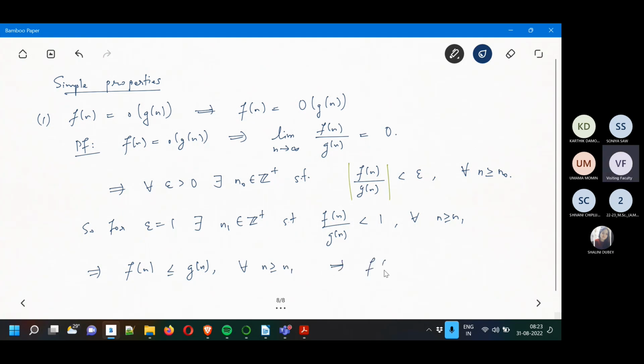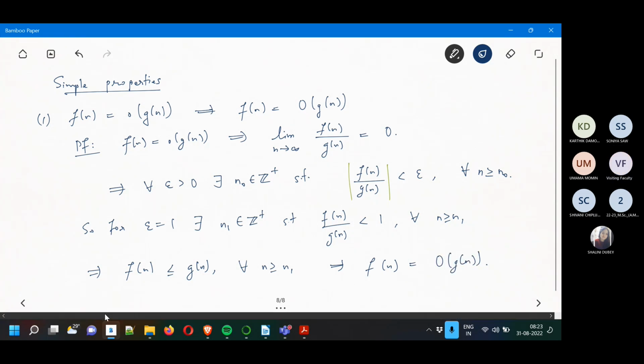This by definition says f n is big O g n. Very simple. The limit definition is much stronger than the constant definition. That is the idea. Okay, much stronger.